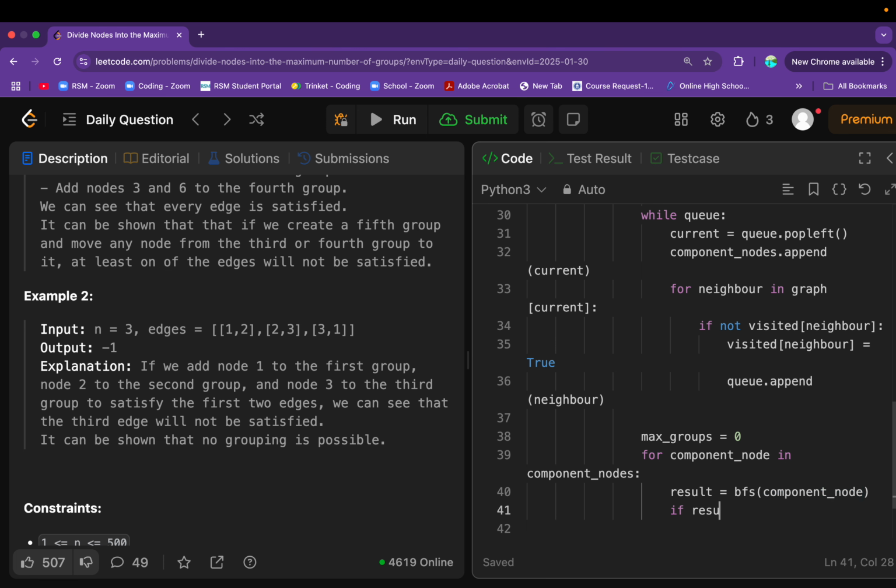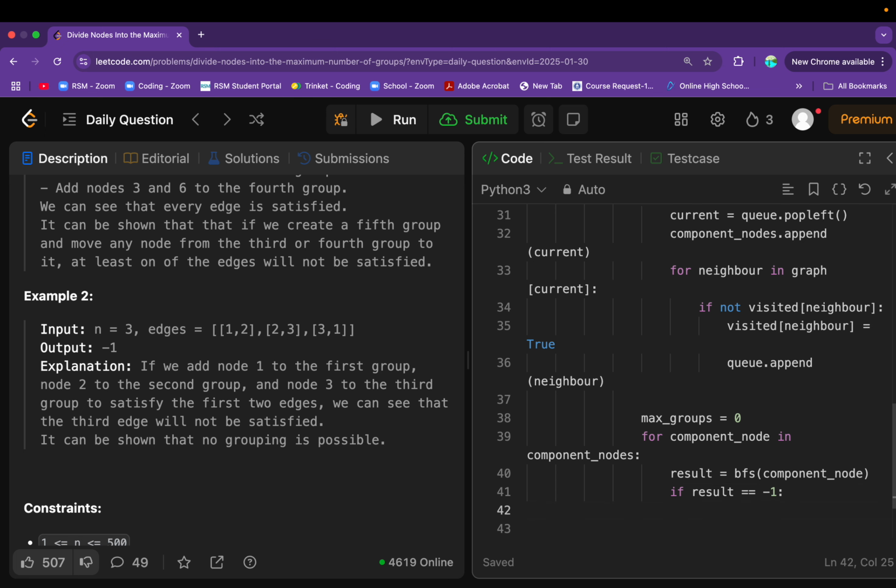If its result is equal to -1, that means that we do have an invalid graph for this execution. That means the graph is not bipartite, and so we have to return -1. Right? Again, if any BFS returns -1, the graph is not bipartite, we have to return -1 immediately. That means that this is not a valid graph, as component node is our starting node.